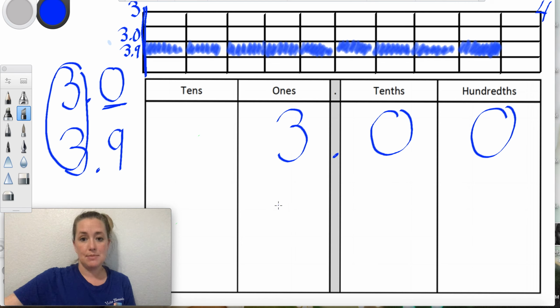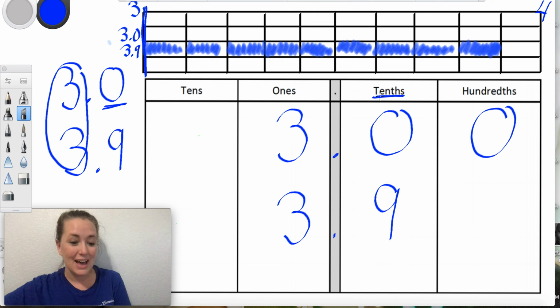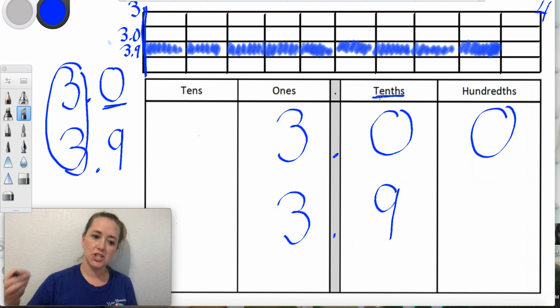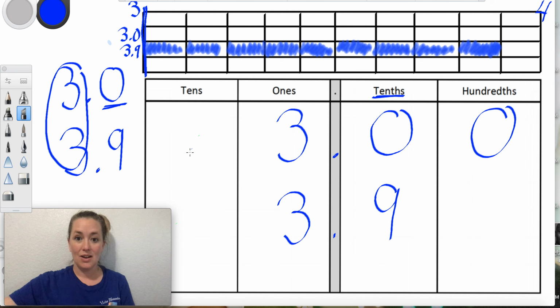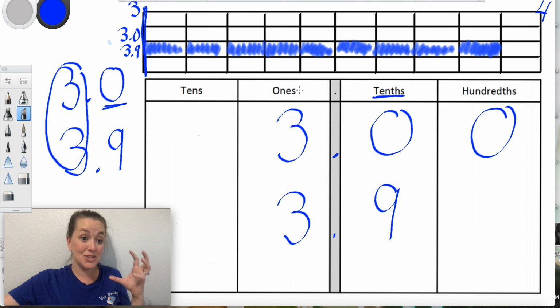Well, our next number is 3 and 9 tenths. When I look at that, it makes it so much easier for me to tell which one is greater because, okay, if I'm going to compare, I want to compare my biggest units. Well, my biggest unit is my ones. It's the same thing.